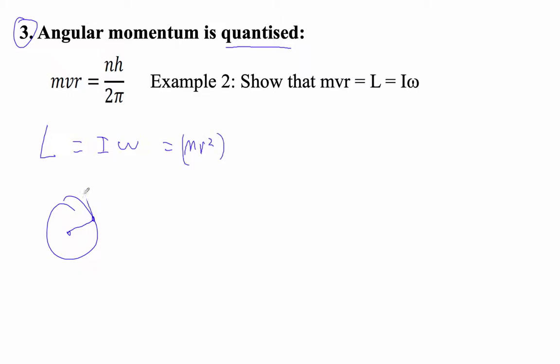And the angular velocity is just the tangential velocity or perpendicular velocity over r, so that's v over r. And then if we cancel, we end up with mrv. So the angular momentum is mrv or mvr, right?